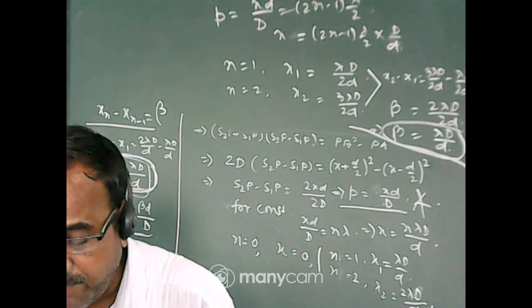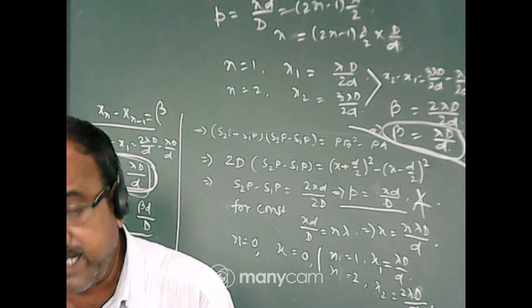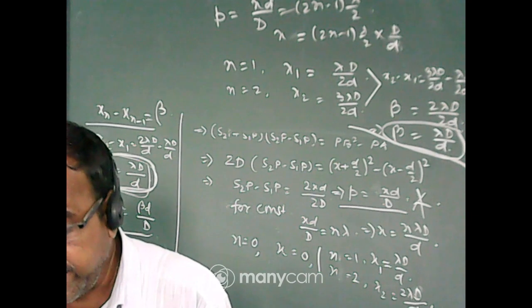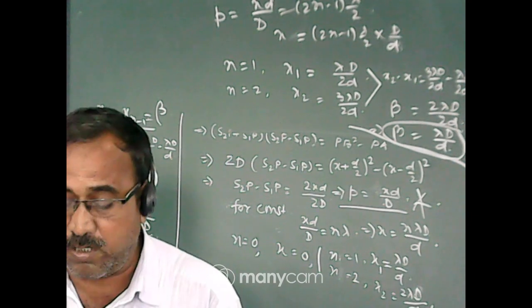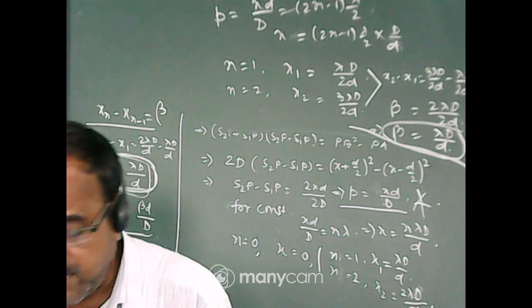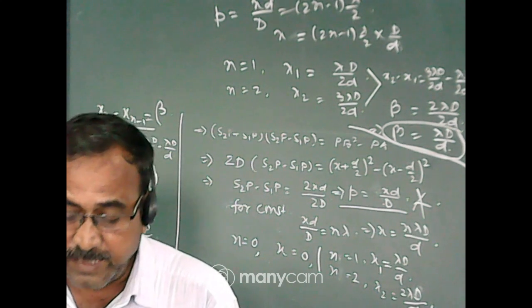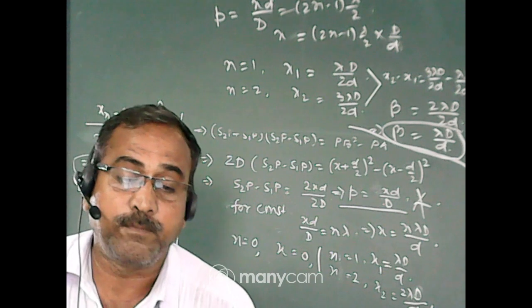Therefore all the fringes are of equal width. In the case of light, lambda is extremely small. D should be much larger than small letter d.